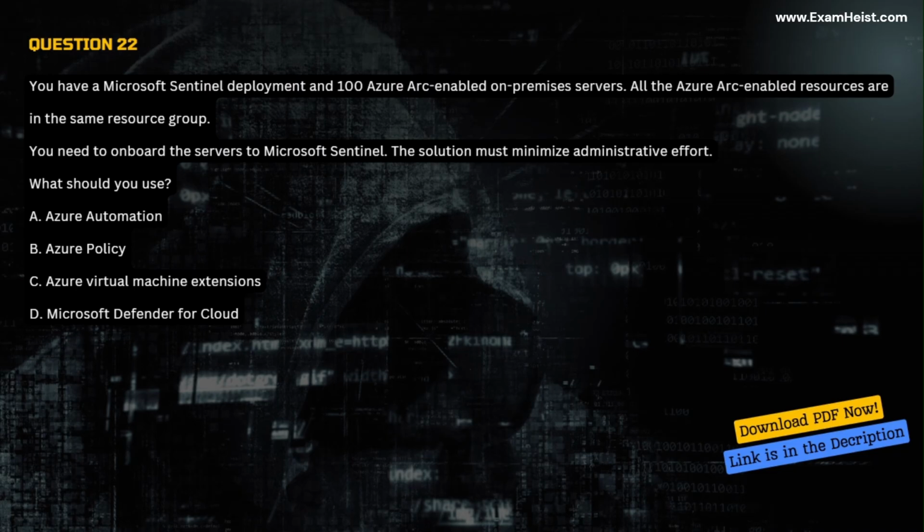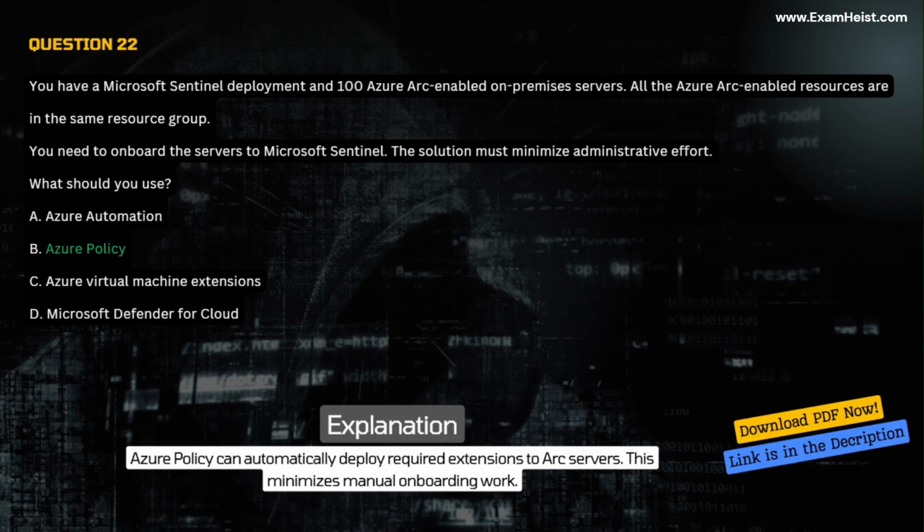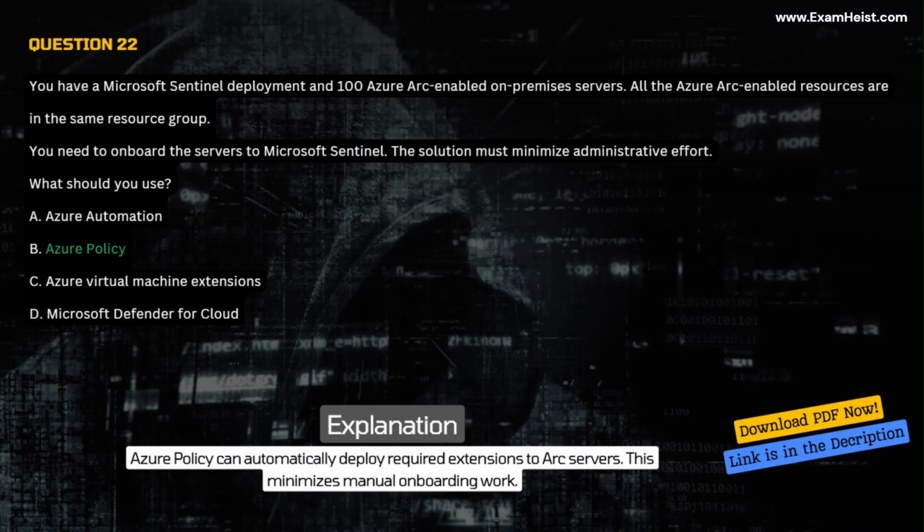B. Azure Policy. C. Azure Virtual Machine Extensions. D. Microsoft Defender for Cloud. Correct answer B. Azure Policy. Explanation. Azure Policy can automatically deploy required extensions to Arc servers. This minimizes manual onboarding work.